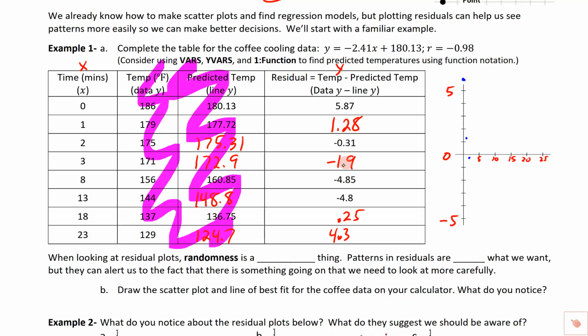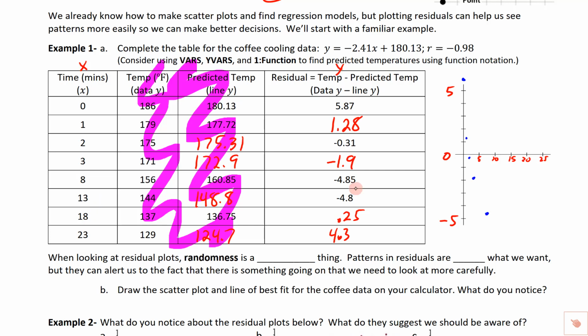At 3 minutes, it's negative 1.9, so 3 minutes, 1.9 would be about right there. Okay, so 3 minutes, 1, 2, 3, 4, 5. 3 minutes would be about right there. That looks pretty good. And then at 8 minutes, it's negative 4.85. So 8 minutes would be about right here. So negative 4.85, so about like that.